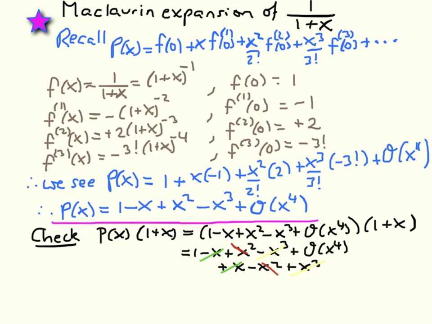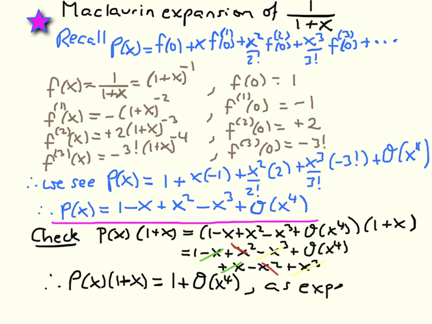So we obtain, as we would hope, that our polynomial times 1 plus x is 1 plus order x to the fourth, which is just an expression of the fact that our polynomial is only known up to terms of order x cubed. X to the fourth terms are not known. So this is as expected, and it shows us that our result is correct.